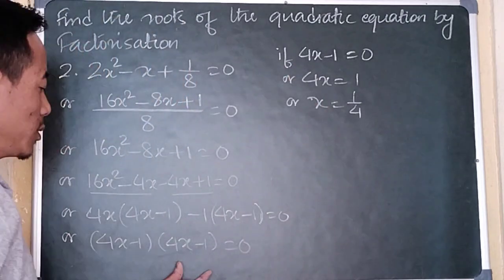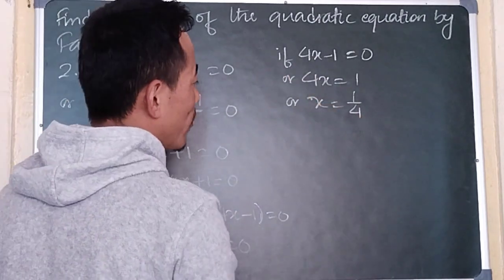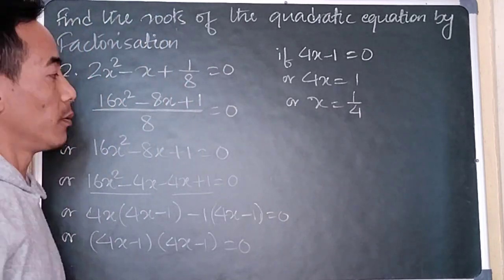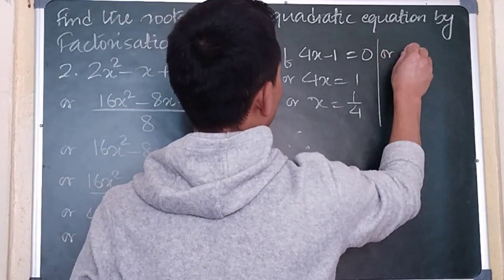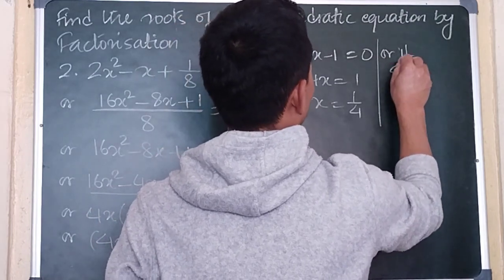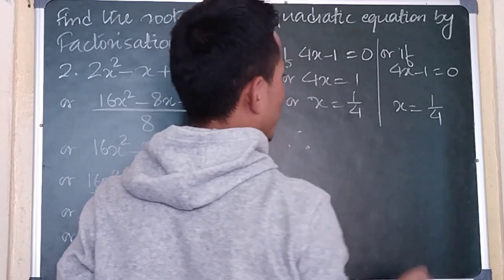Now the other term is also 4x minus 1. So you will get the other value also 1 divided by 4. Therefore, the two roots: if 4x minus 1 equals 0, you get x is equal to 1 by 4 here also.